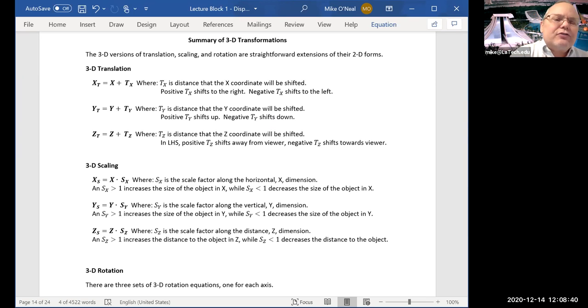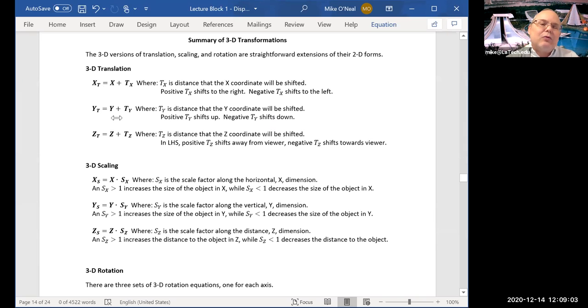So here are the 3D transformations. And if you look at translation, there's only one new formula. So you still have X translated, you still have Y translated, but now you have Z translated as well. And it's exactly the same.